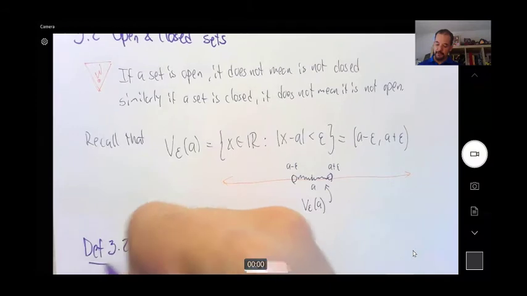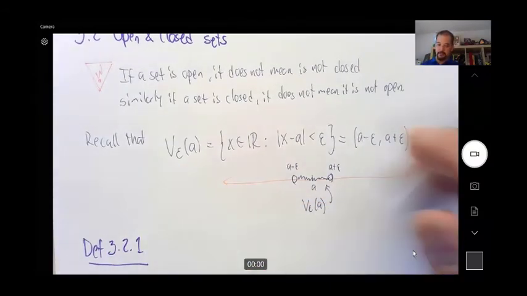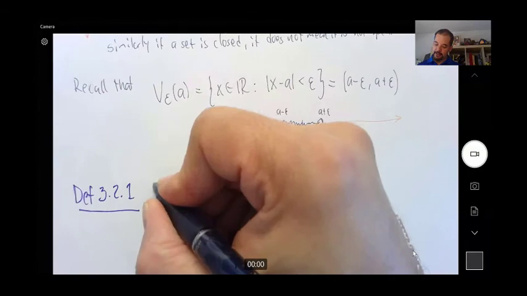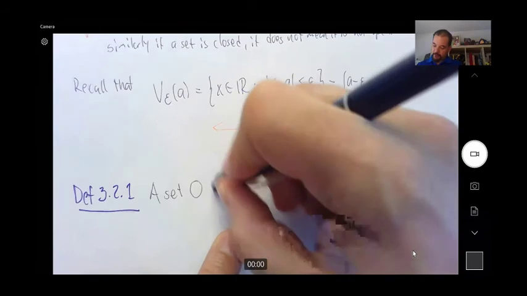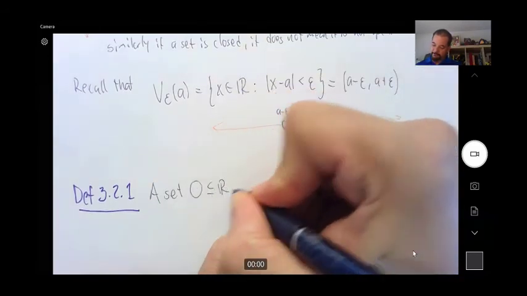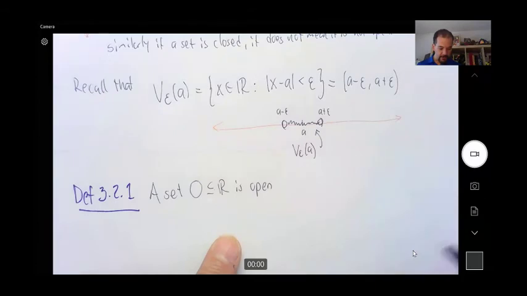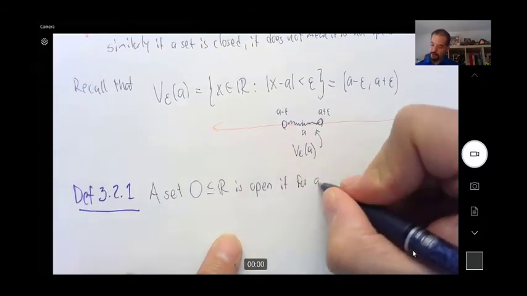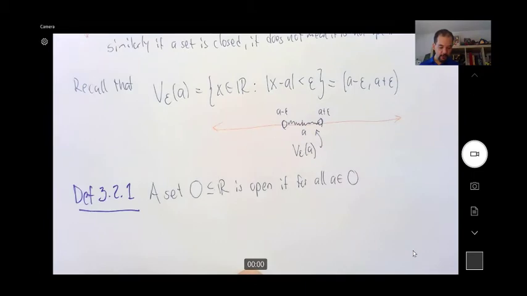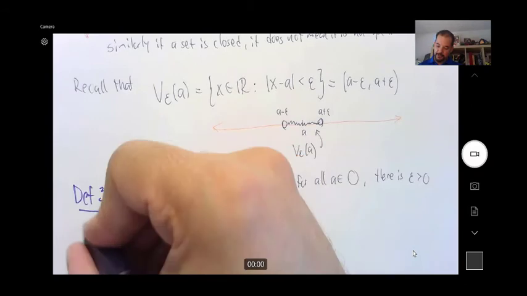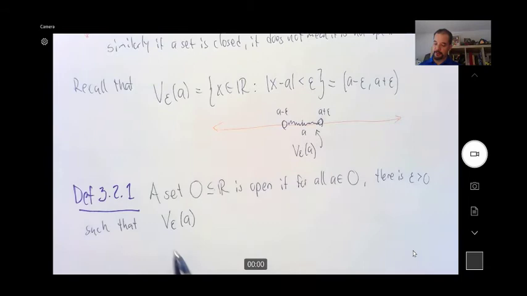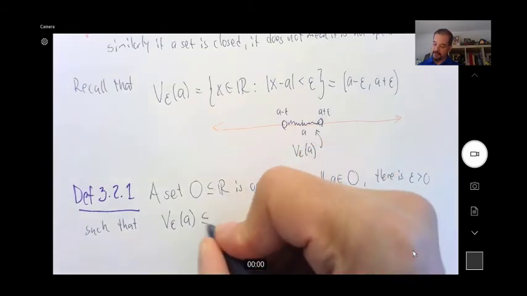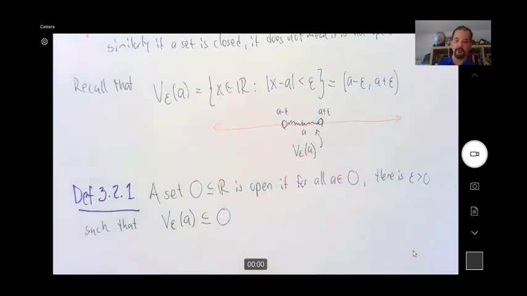So here's our definition of an open set. Definition 3.2.1. A set O, a subset of the real numbers, is open if for all A in O, for every point in O, there is some epsilon such that the epsilon neighborhood centered at A is inside O. It's a subset of O, right?